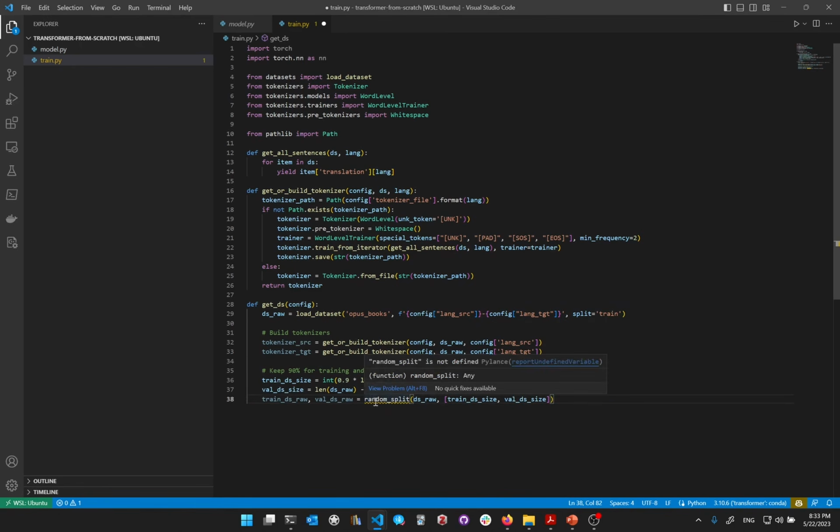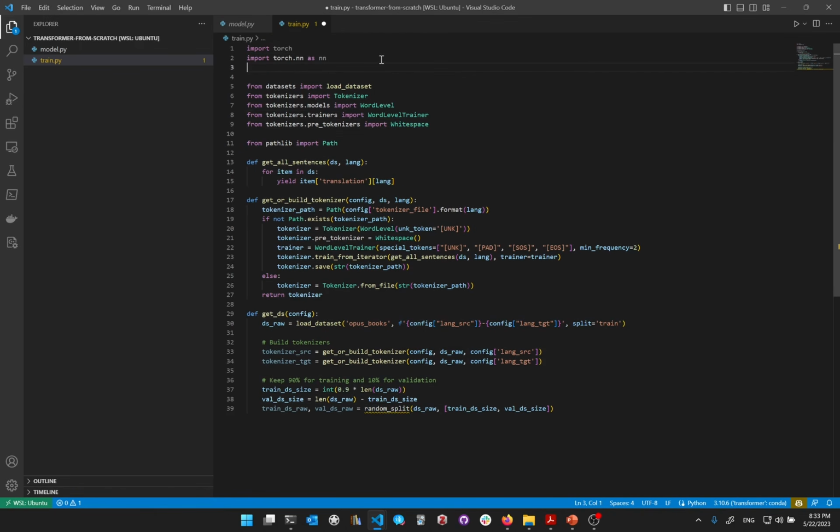The method random_split is a method from PyTorch that allows us to split a dataset using the sizes that we give as input. So in this case, it means split this dataset into these two smaller datasets, one of this size and one of this size. But let's import the method from Torch. Let's also import the one that we will need later, DataLoader, and random_split.